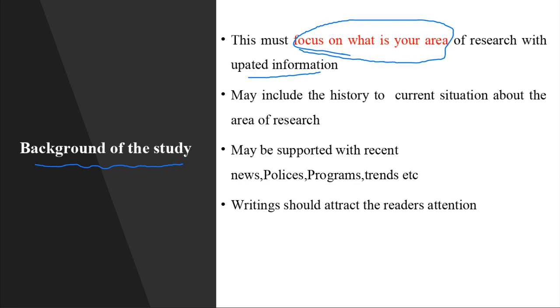Give this in detail with updated information. This may include the history and the current situation of the area you have chosen, and definitely it has to be supported with recent news, policies, programs, trends, etc.